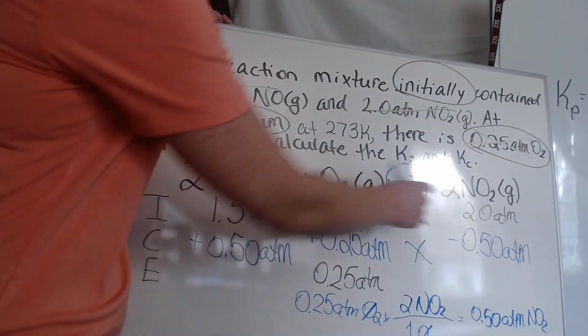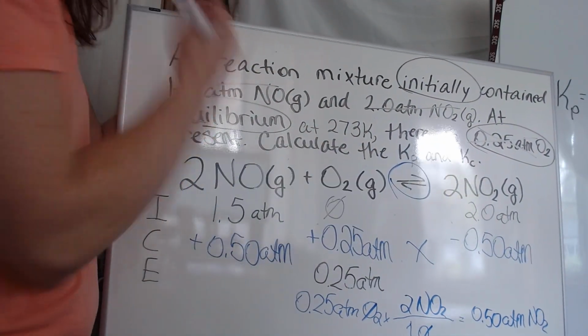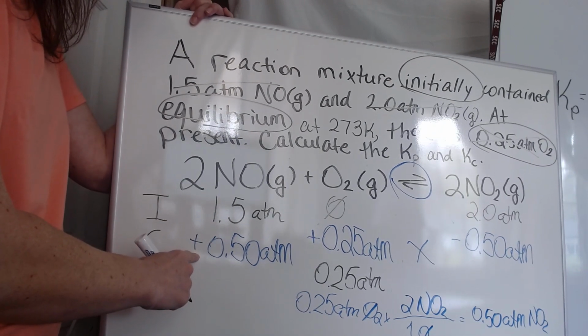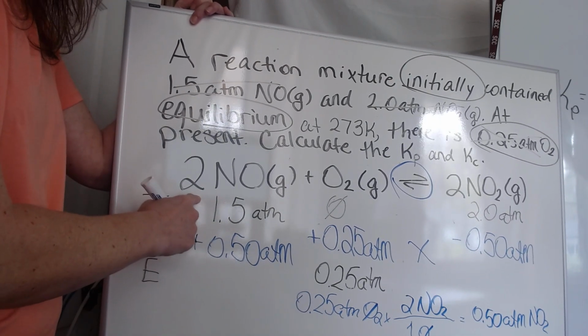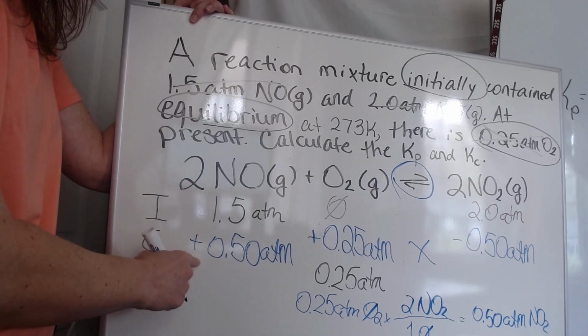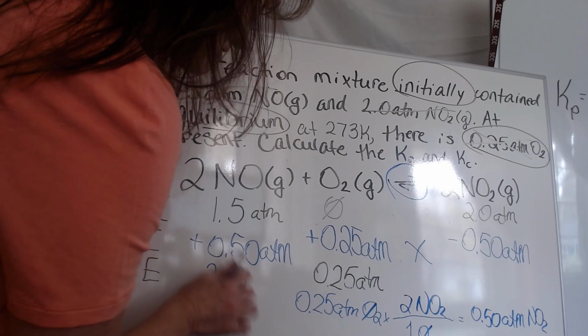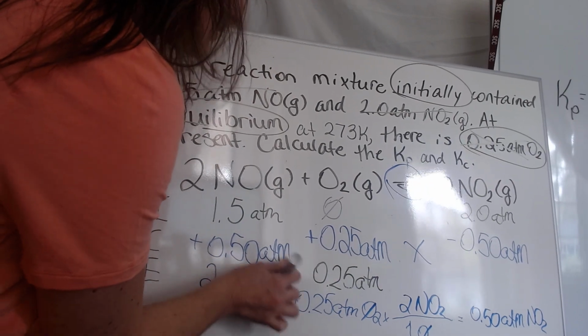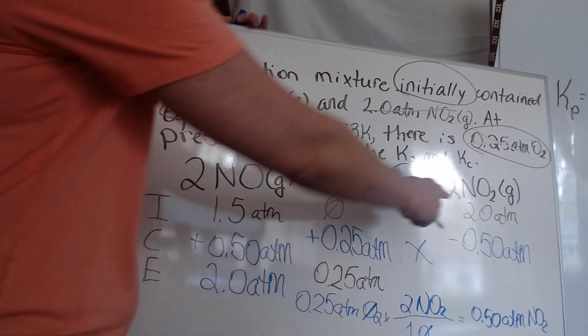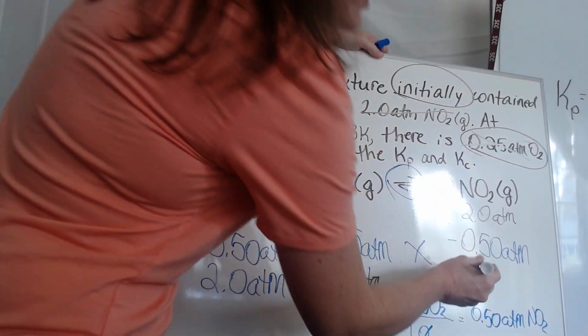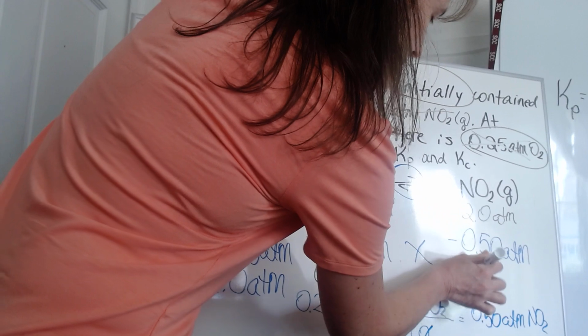The coefficients are 1 and 2. Once I have a number at the change or a quantity written down, then you're just going to do the math. So 1.5 plus 0.5 would be 2.0 atmospheres. And then over here for NO2, the 2 minus 0.5 would be 1.5 atmospheres.